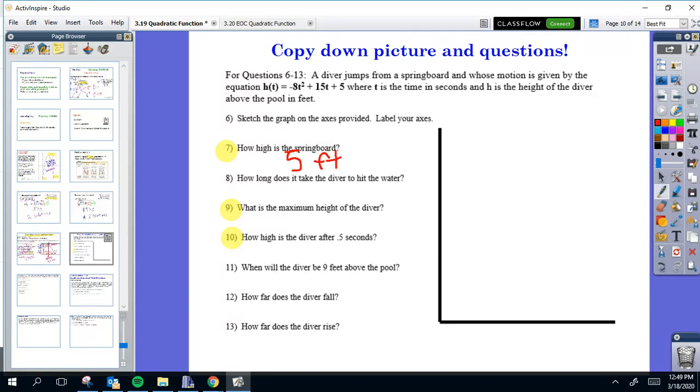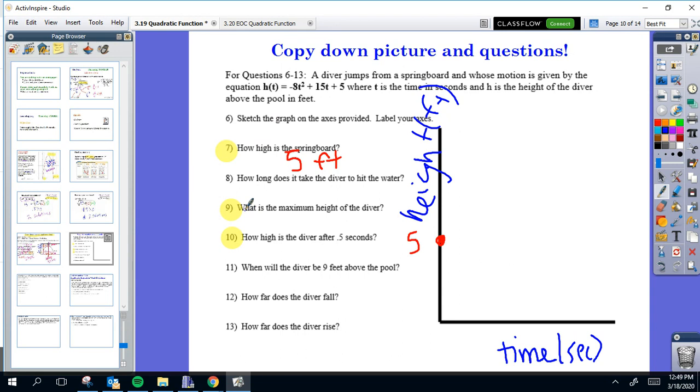And if I want to label that on my graph, I can start by doing that. It begins at 5 feet. Something that you also want to start off with is labeling the x-axis as time in seconds, and then labeling your y height in feet, something like that.